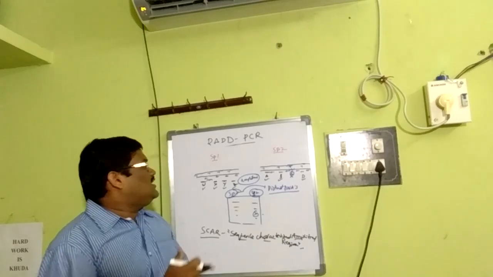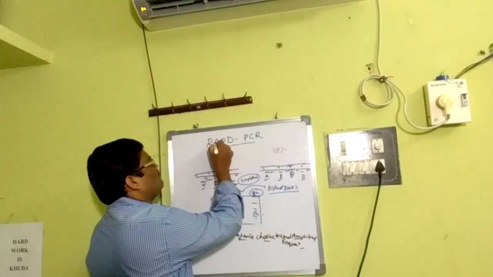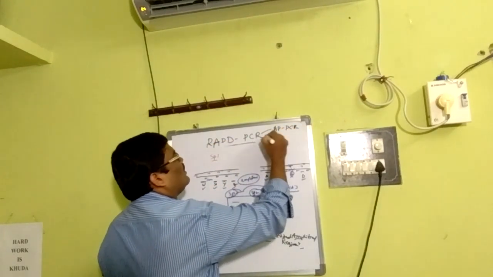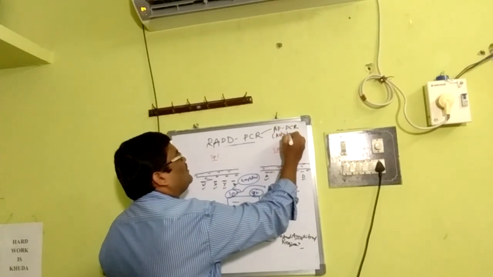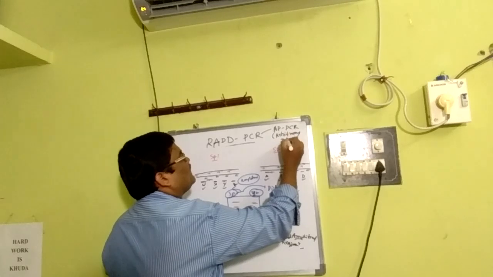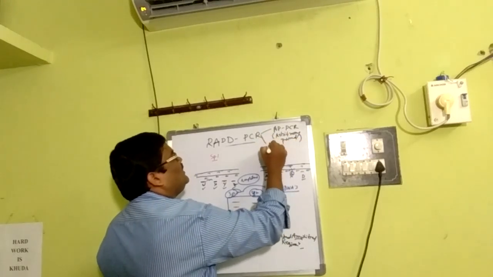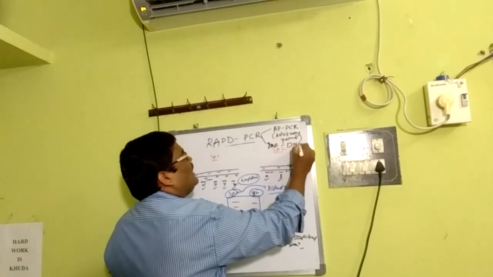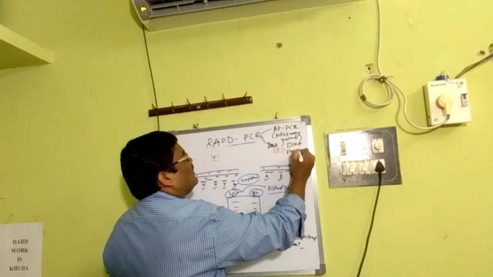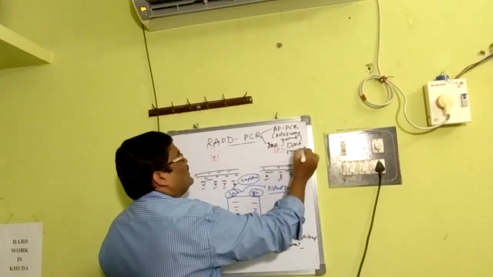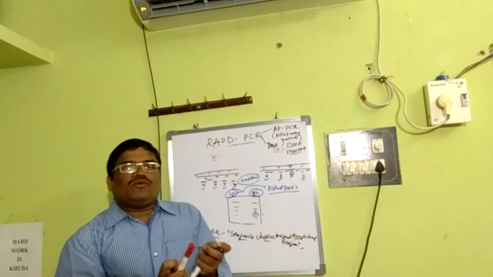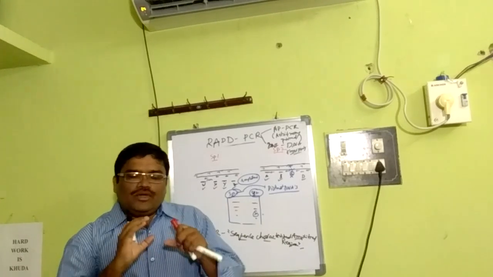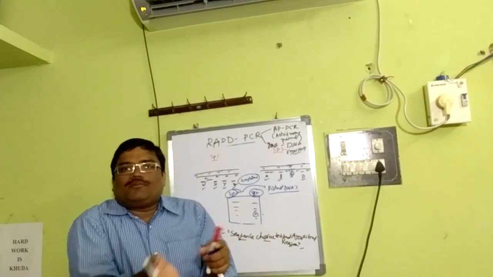And apart from these, there are different variants of PCR and RAPD. There are different variants: AP-PCR, that means arbitrarily primed PCR, then DAF, DNA amplification fingerprinting, is another variant of RAPD along with AP-PCR. So if there is a problem, we can employ an alternate solution.